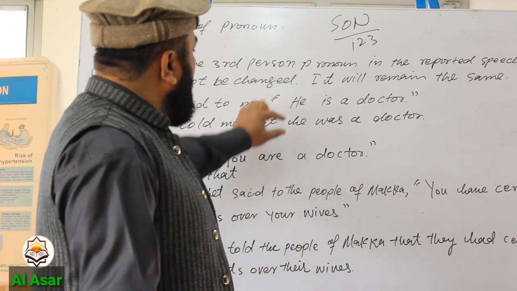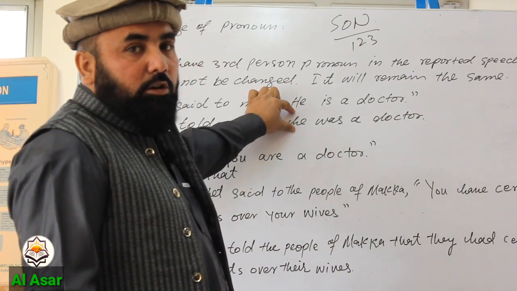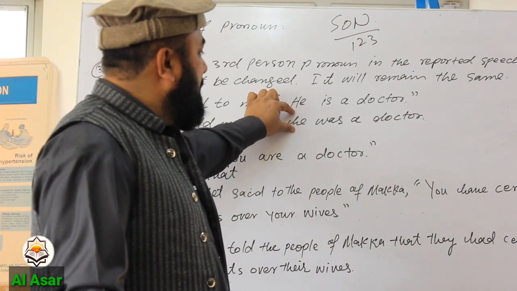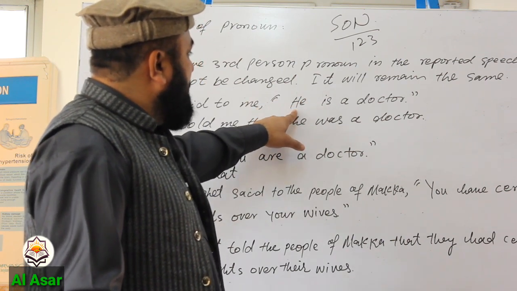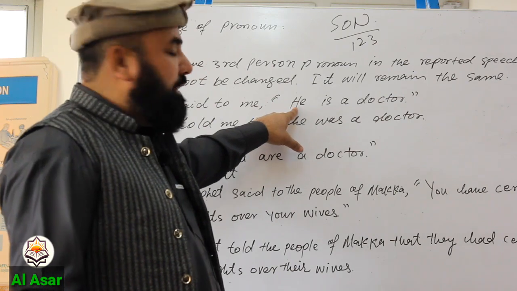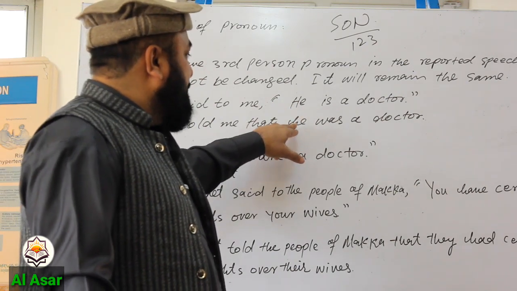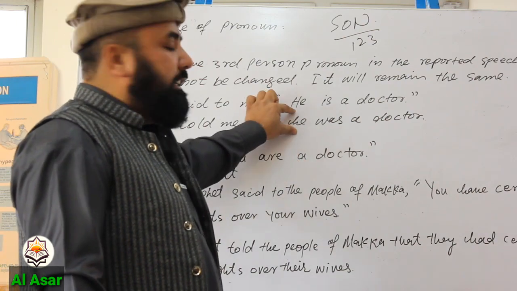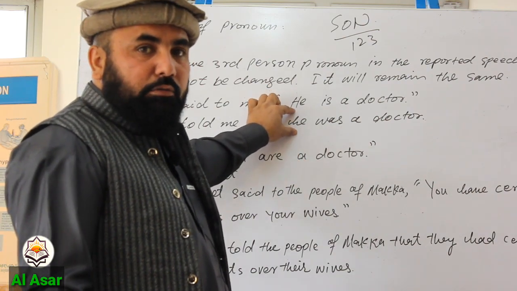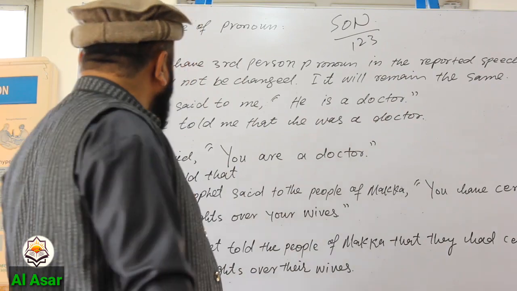So here third person pronoun is not changed, it will remain the same. And the rest of the sentence, look, that here he starts with the capital letter, but here it is changed into small letter, because here it comes in the middle of the sentence.